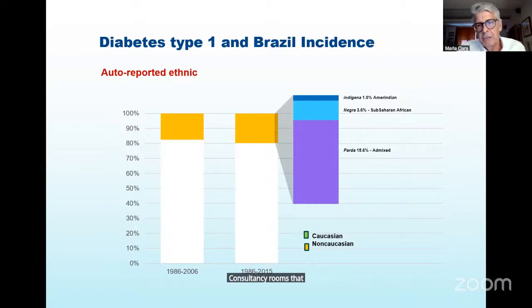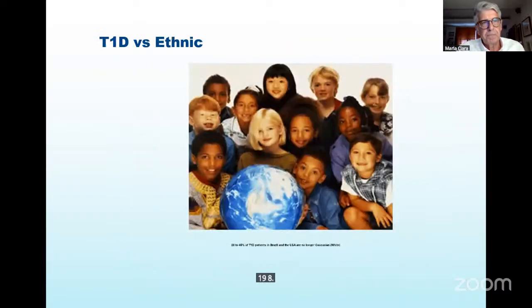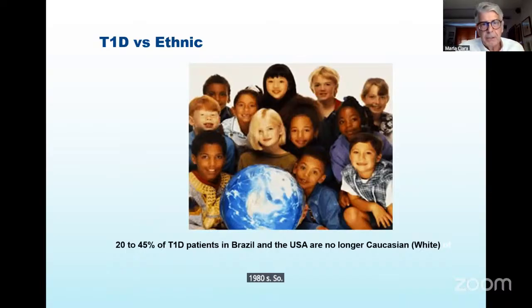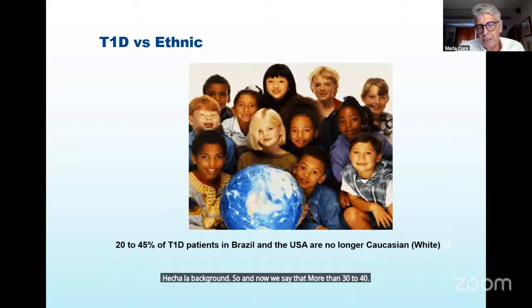That has changed a lot since the 1980s. As Dr. Anis said to us, there is an ethnic background for each population that has a different HLA background. And now we say that more than 30 to 45% of diabetes patients, both in Brazil and the USA, are no longer white.